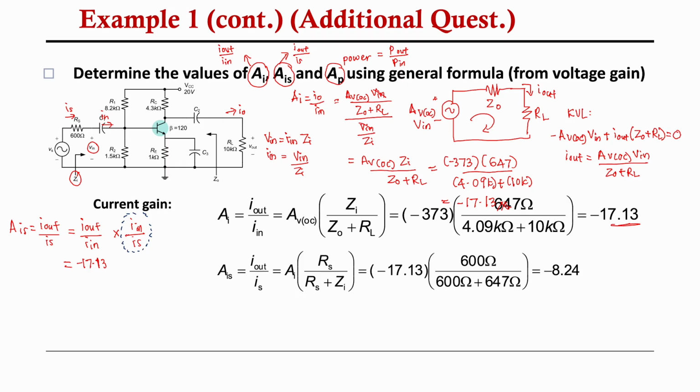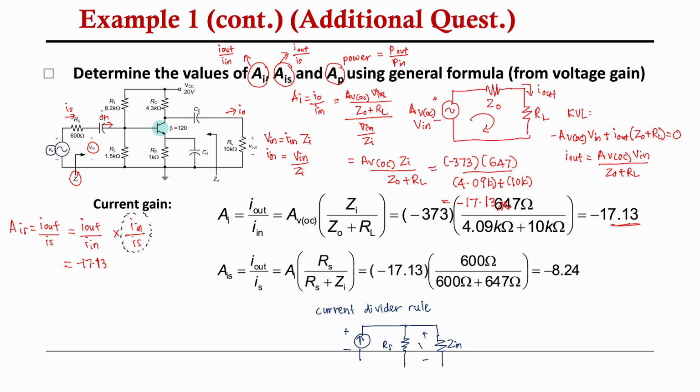In order to calculate this, we need to use the current divider rule. Now this is different, not voltage divider, but we are using current divider rule. So for current divider rule, we have to convert this Vs into current. So our current will become as such, because this is positive, this is negative. Then we're going to have Rs, and this will become our Z in.